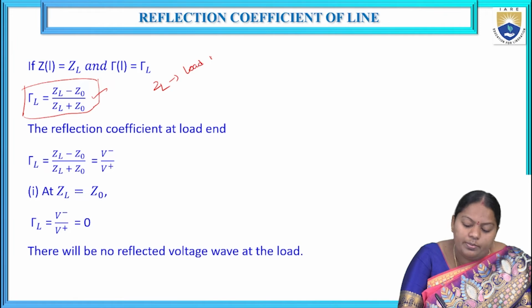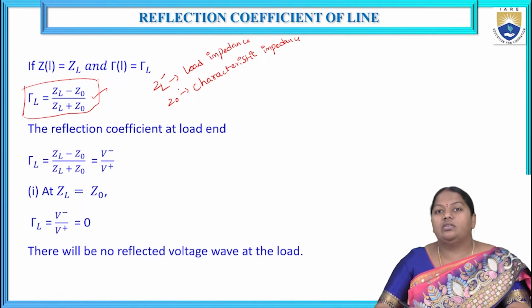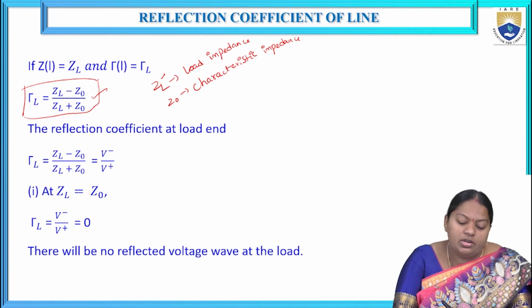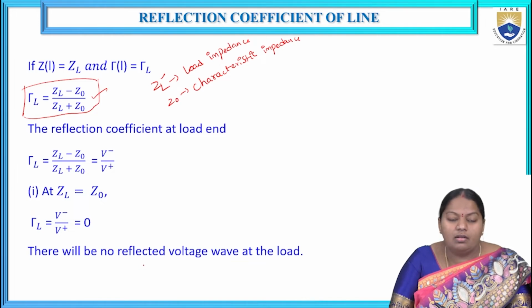In general, the impedance notation is Z, and depending upon the suffix it is termed as load or characteristic. So load impedance is denoted with ZL and the characteristic impedance is denoted with Z0. For the reflection coefficient of a transmission line, gamma L is given by ZL minus Z0 by ZL plus Z0.